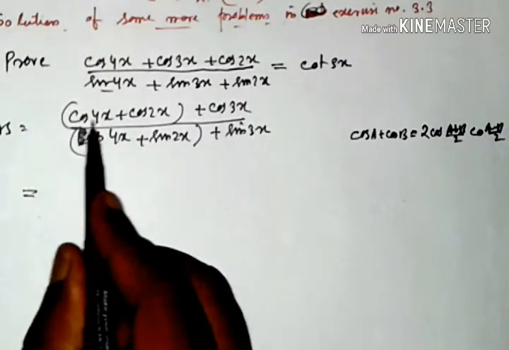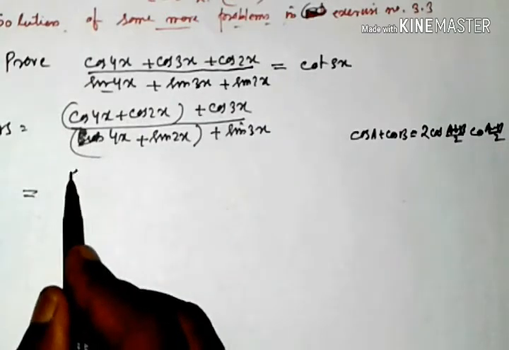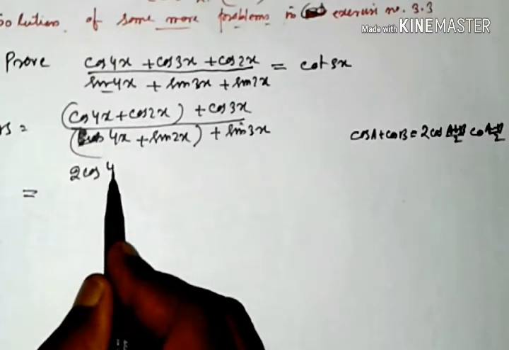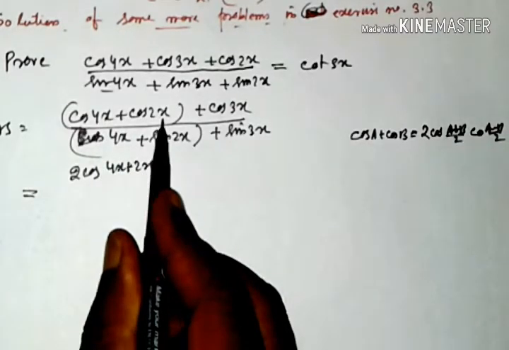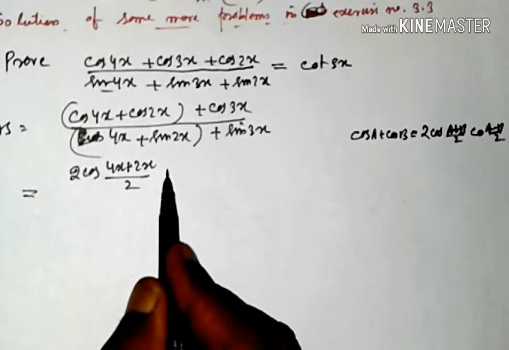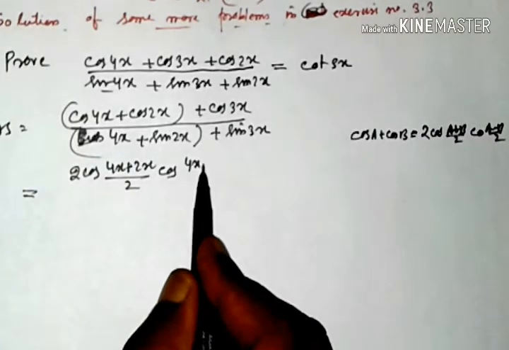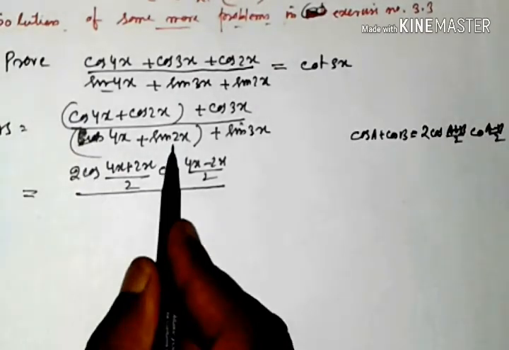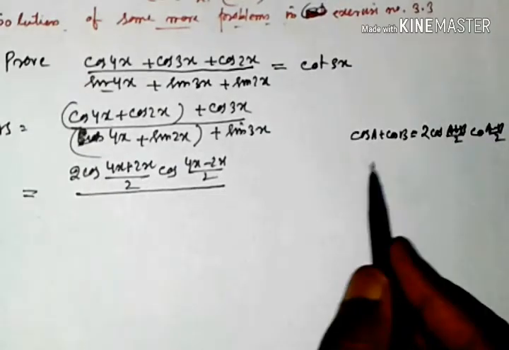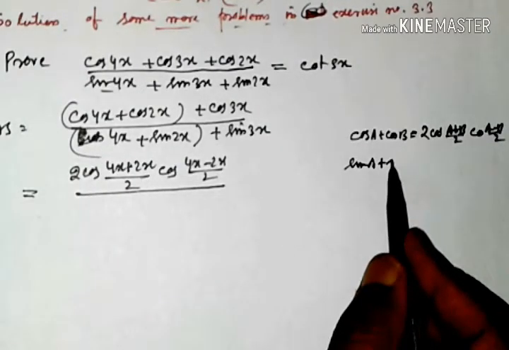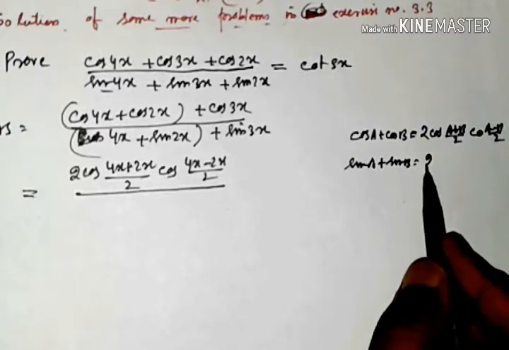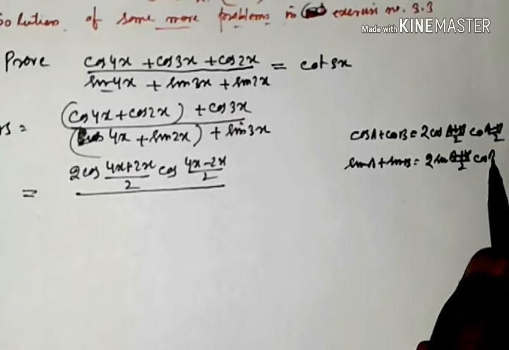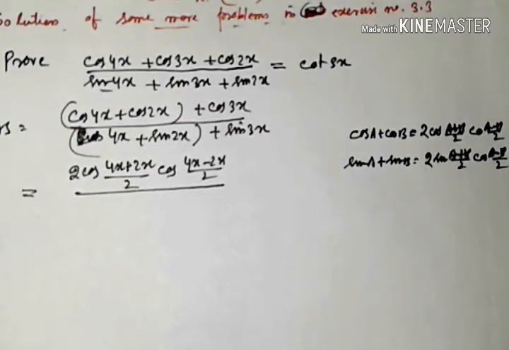Therefore, in place of A we write 4x and B is 2x, so we get 2 cos (4x plus 2x) by 2 cos (4x minus 2x) by 2. And for the denominator we know sin A plus sin B is 2 sin (A plus B) by 2 cos (A minus B) by 2.